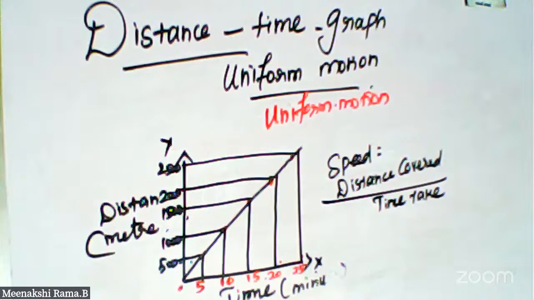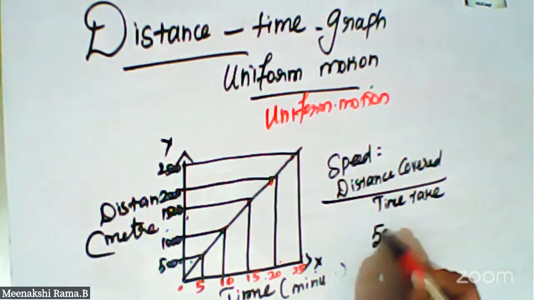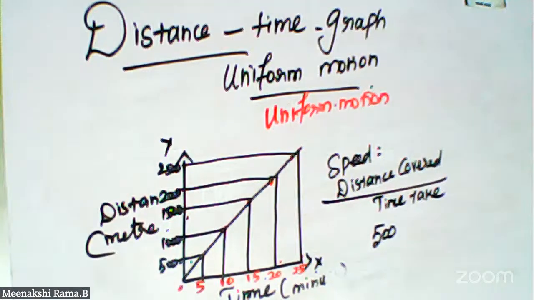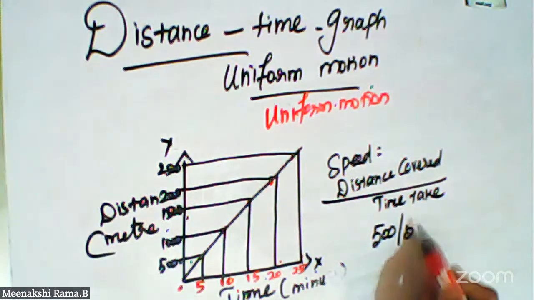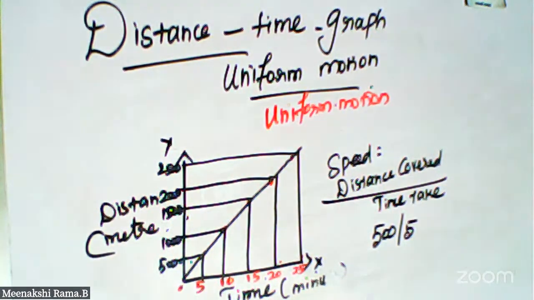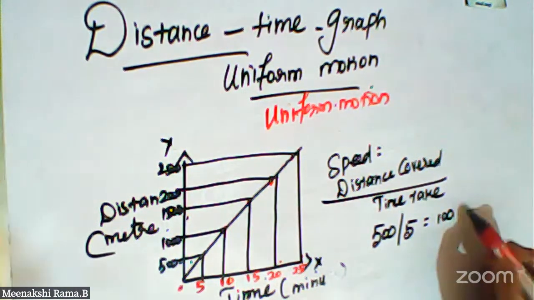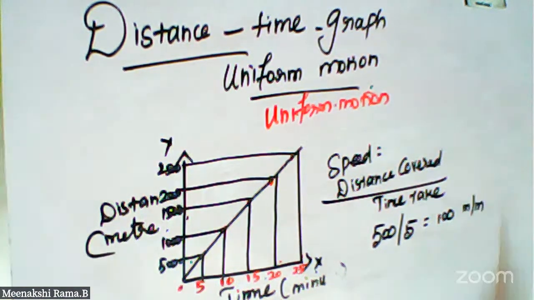So distance covered by time taken. How much distance did he cover? He crossed 500 meters. The time taken is 5 minutes. So 500 divided by 5 means 100 meters. Okay, 100 meters per minute.